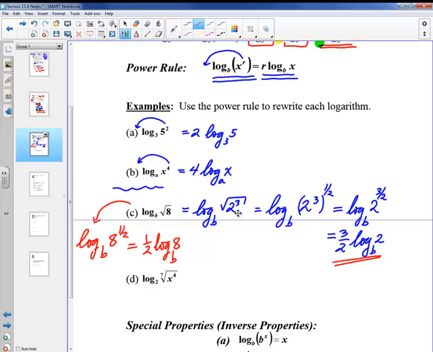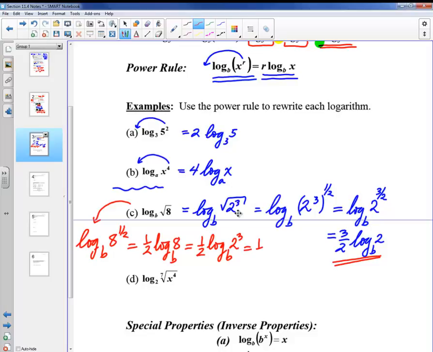Then hopefully you remember 8 is a number that can actually be broken down into a base. So we keep going and we have 1/2 and we have log base b of 2 to the third. So that's a power again, so that goes in front.